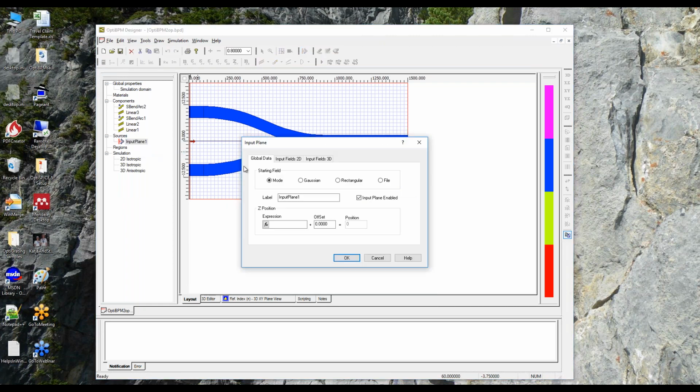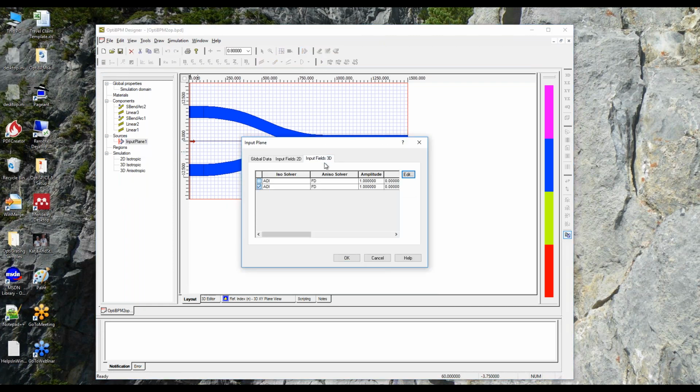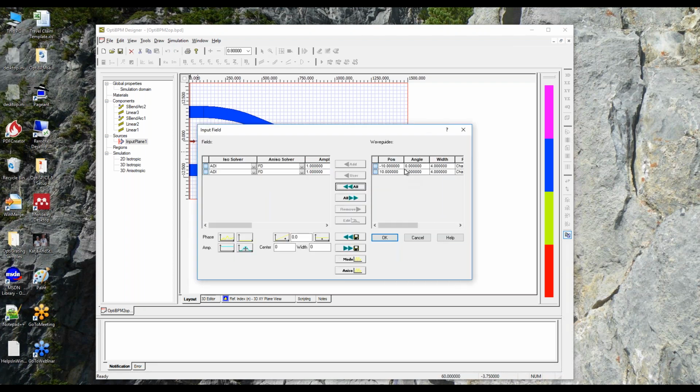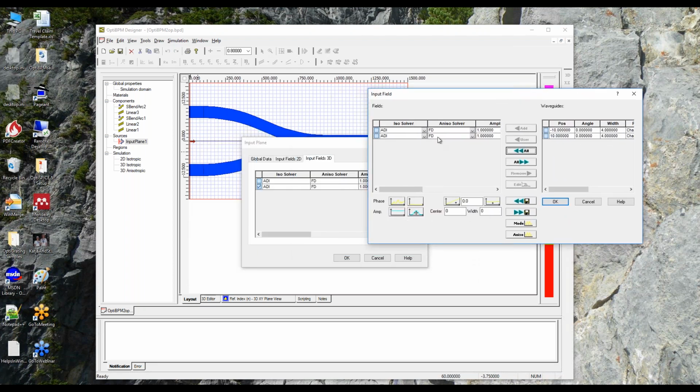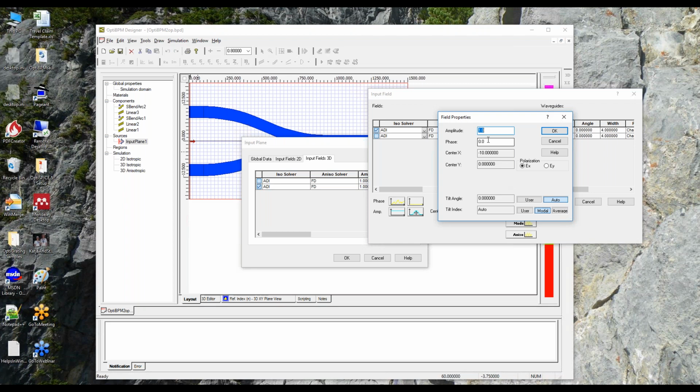And in BPM, we can adjust not just the amplitude of the two waves, but we can also adjust the phase. So let's look at the waveguide at the lower point, the first one. It's got amplitude 1 and phase of 0.